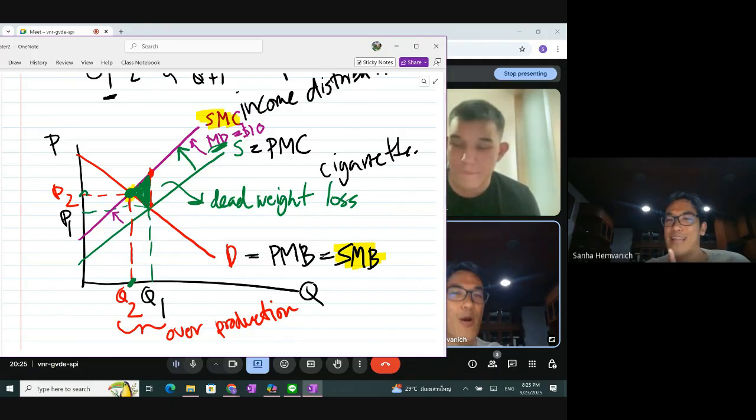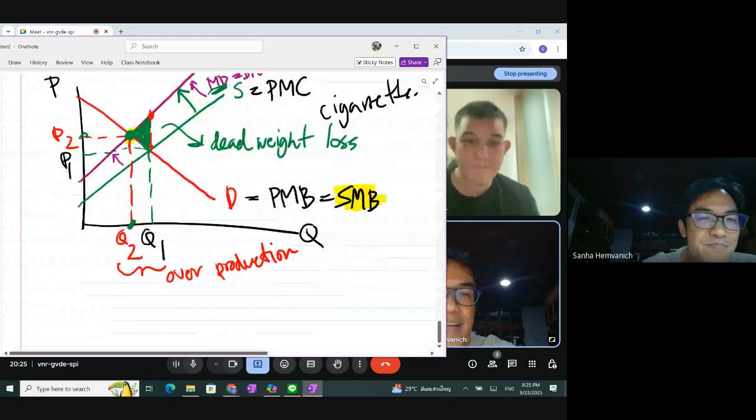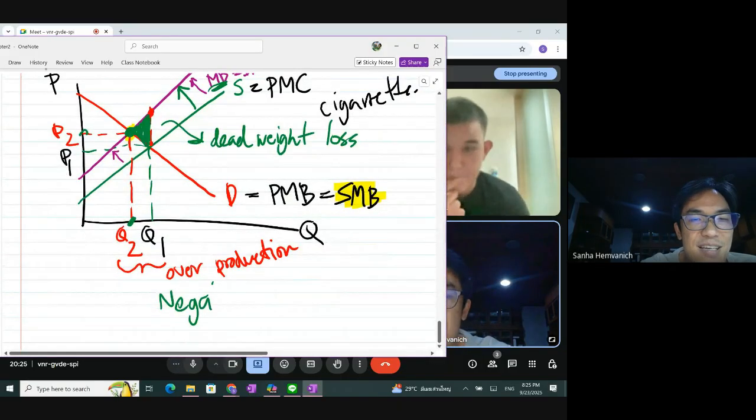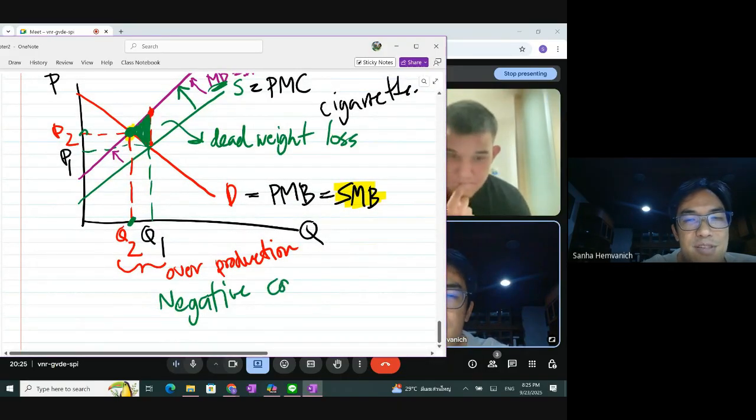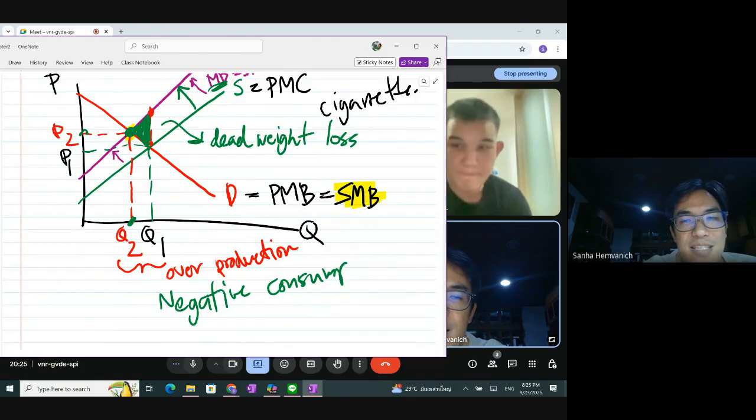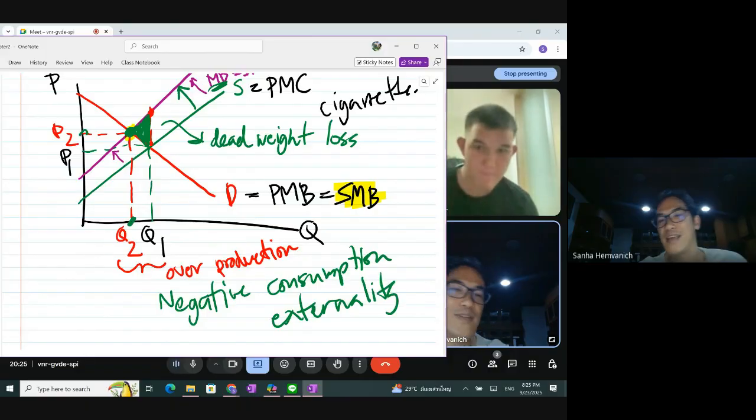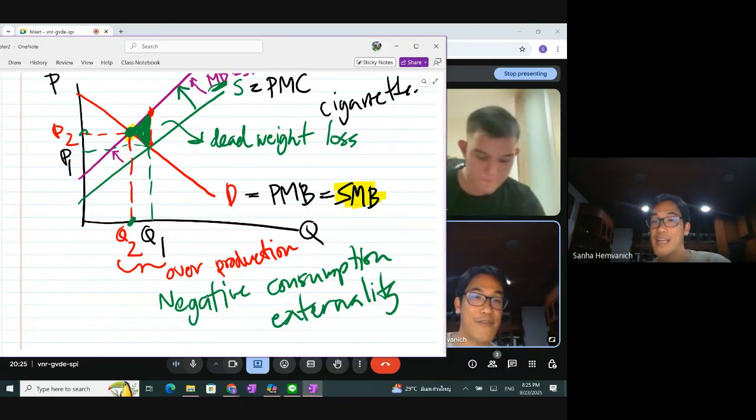This is one example, where we call it negative consumption externality. Negative consumption, because the consumption of cigarettes has a negative effect on other people.